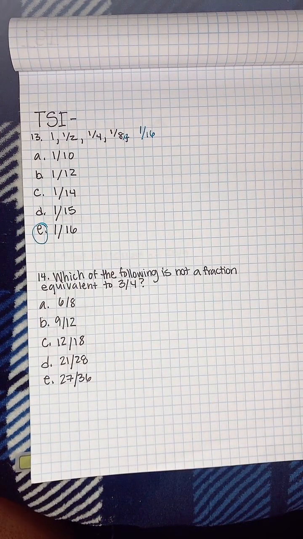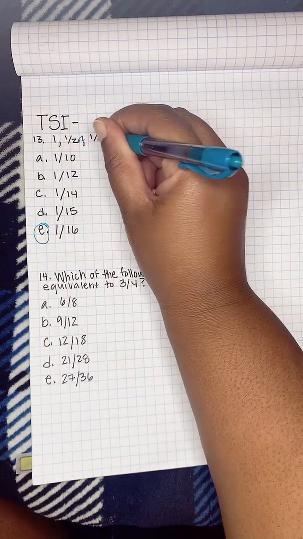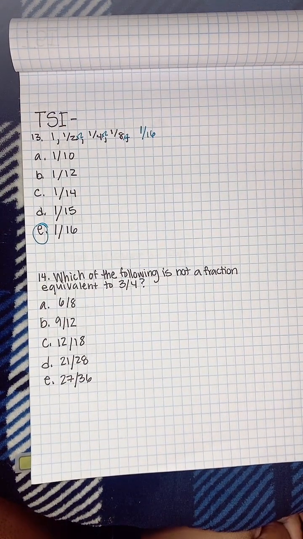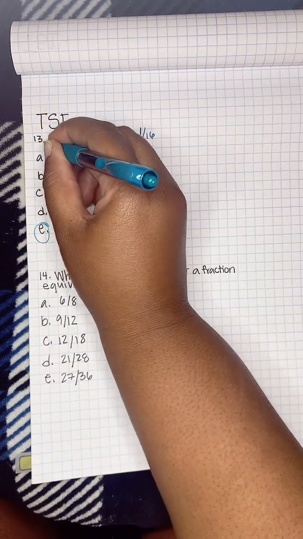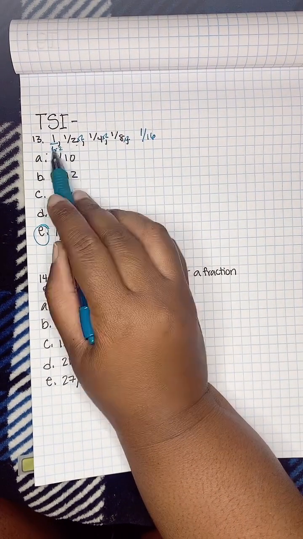And so E is our answer. E, because they're multiplying each of these by 2 to get the next one. And really this first one is 1 over 1. So they multiplied this by 2. That's how they got here.